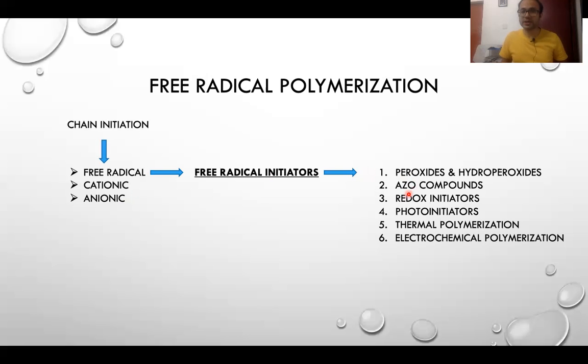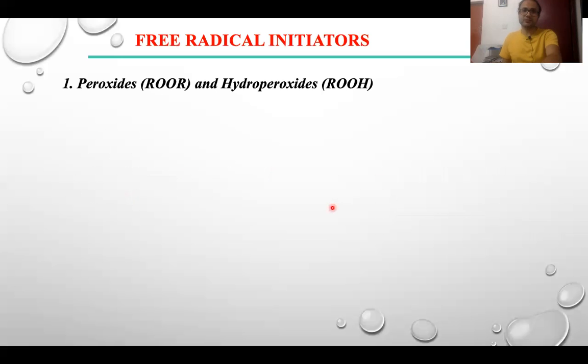We will be looking into the structural aspects and how they give rise to the various free radicals for carrying out this polymerization. So let us move on to our first type of free radical initiator, and that is the peroxide and hydroperoxide form.